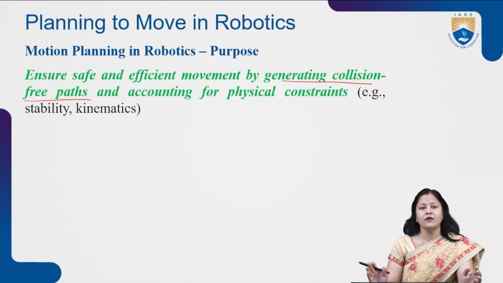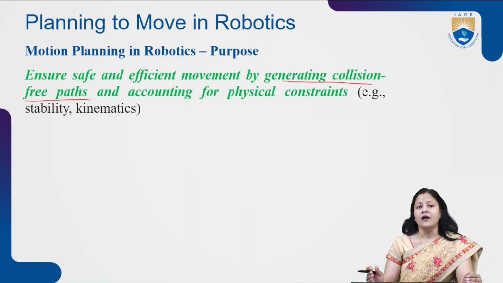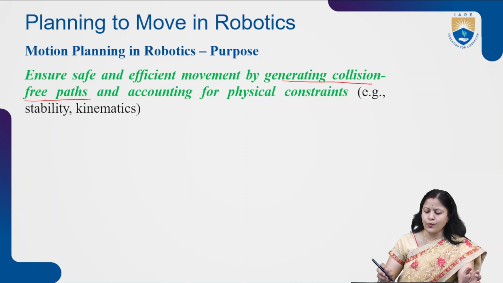Whether it is using algorithmic input or output, or the motion planning or path planning concept, the robot has to move in such a way that it is safe, the movement is efficient, and it is collision free. It should not hit any obstacles. That is the main purpose of motion planning in robotics.